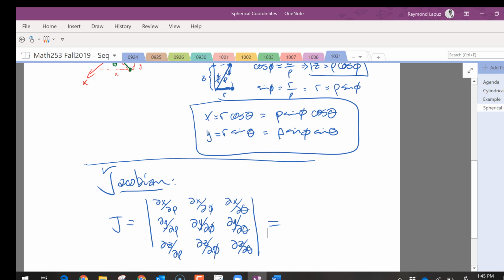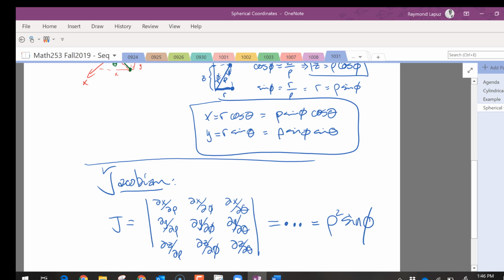And then you have to take the determinant, and the determinant is going to have all kinds of sines and cosines. Fortunately, a lot of those sines and cosines will just buddy up with sine squareds and cosine squareds and become 1. And then in the end, dot, dot, dot, equals rho squared sine phi.